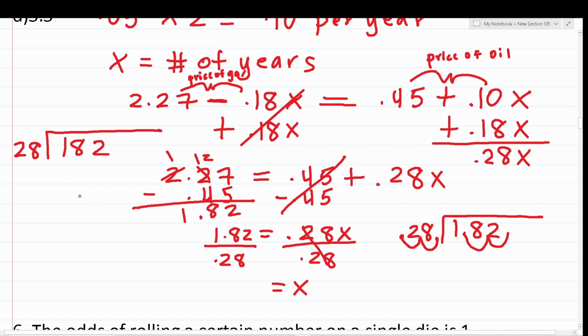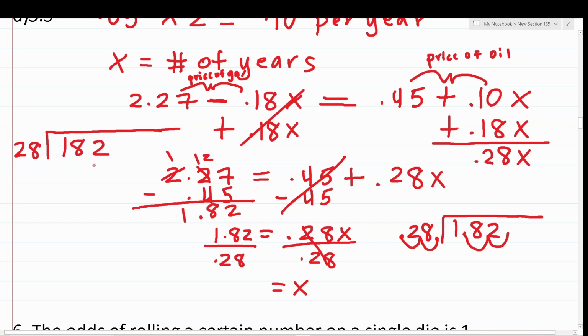All right, so we start by asking ourselves this. How many times does 28 go into 1? It doesn't. How many times does 28 go into 18? It doesn't. How many times does 28 go into 182? Well, let's say this number was 30 and this was 180. 30 times 6 would be exactly 180.